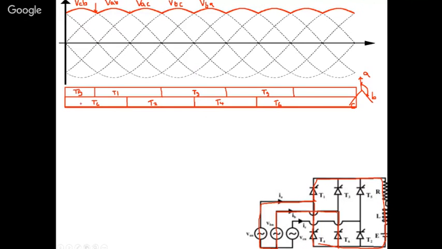So you can see here T5 and T6. This one is T5, and this is your T6. In this case, you see this is VC. The voltage where T5 is connected is VC, and T6 is connected to B. So your voltage is VCB. The voltage VCB will exist now. So what is your VCB?